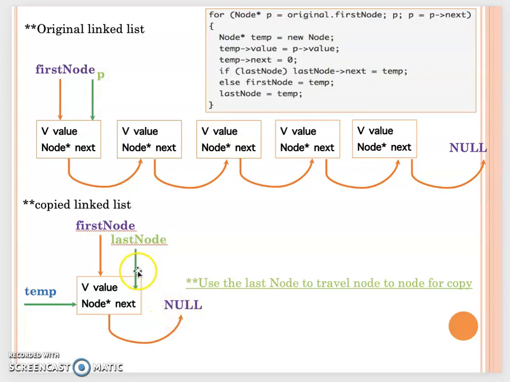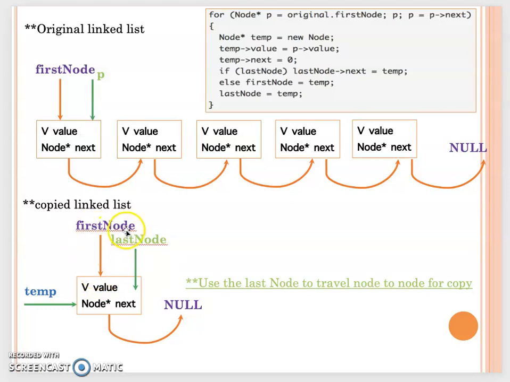So now we need to be careful. Before, every time we add a new node, we add it to the beginning. But now when we do the copy, we do it one by one. We start by copying the first node, then do the rest one by one. After we have the first node, we finish the p copy, and this node should have its first node point to this value.